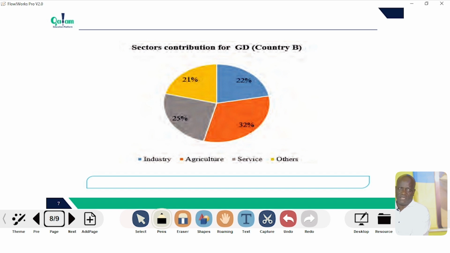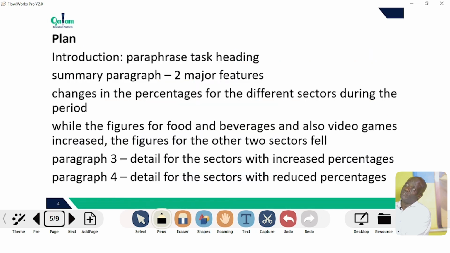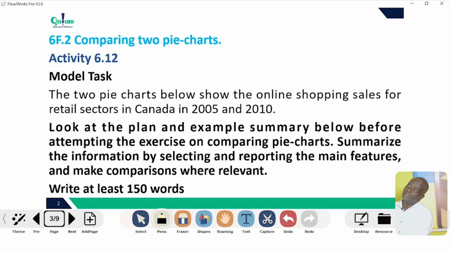So I will take you back from where we have come from, and we see what you are supposed to have done in this kind of comparing two pie charts. So this is what we have done, and therefore this is what you can also find in mathematics. So it's important that you can be able to look at two pie charts, because you never know.